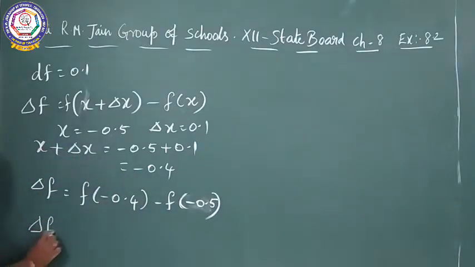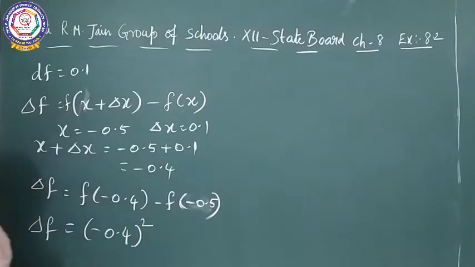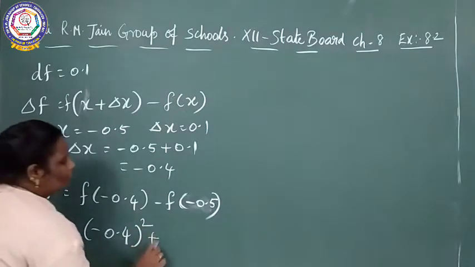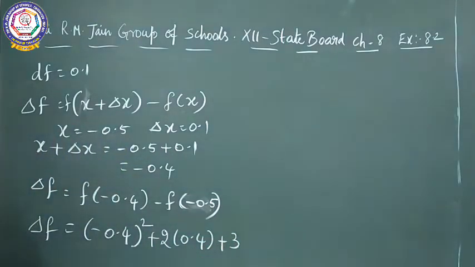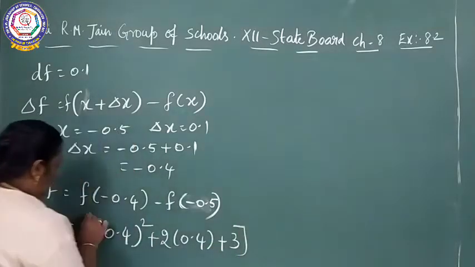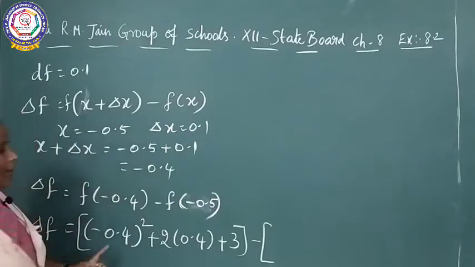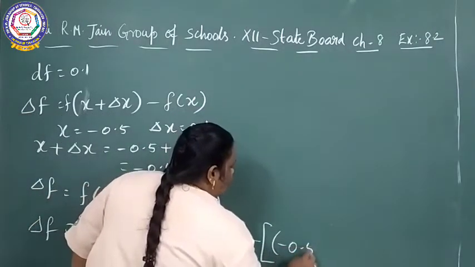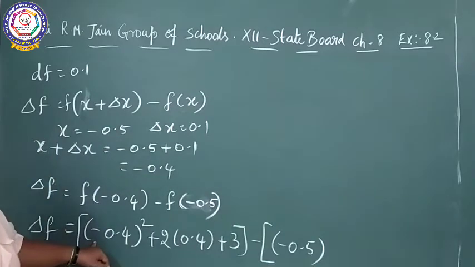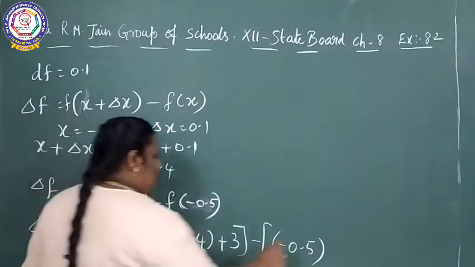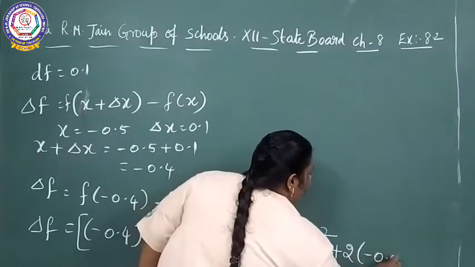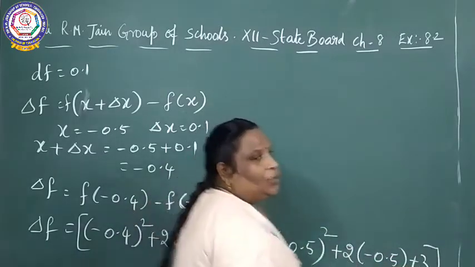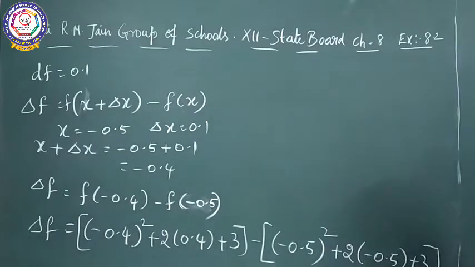So Δf = [(-0.4)² + 2(-0.4) + 3] - [(-0.5)² + 2(-0.5) + 3].